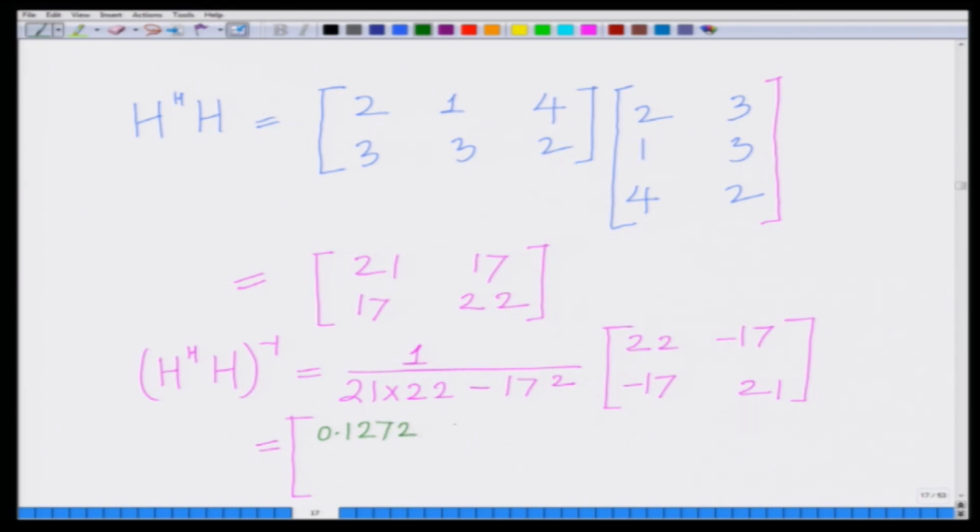0.1272, minus 0.0983, minus 0.0983, 0.1214. Okay.